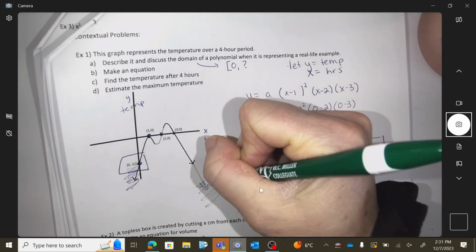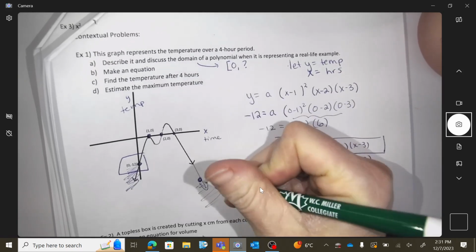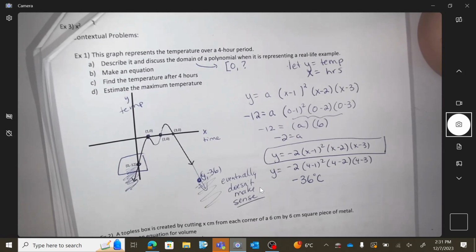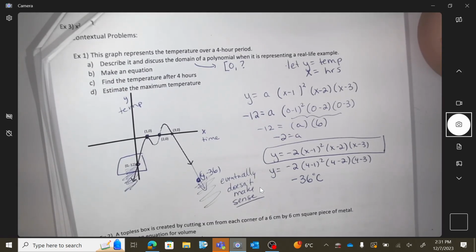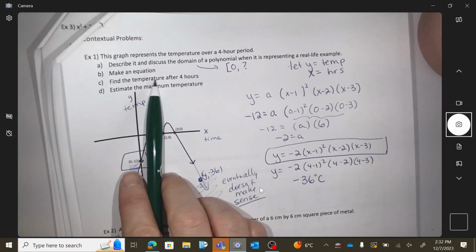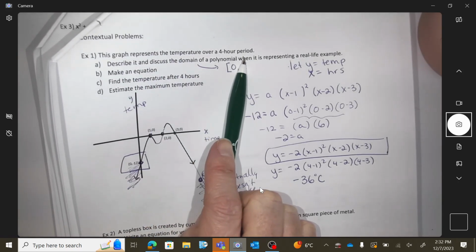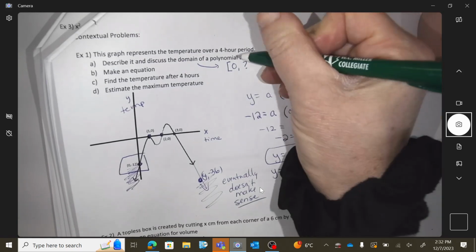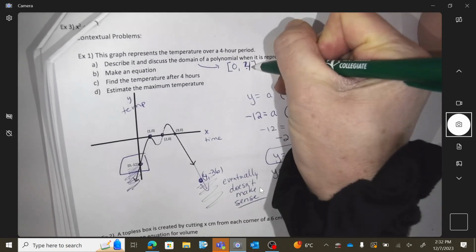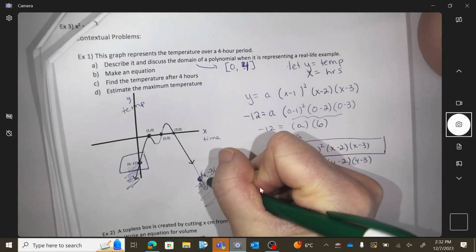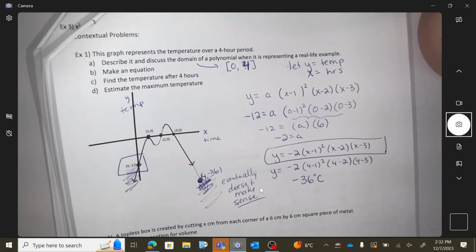So really, it's way down here, right? 4, negative 36. So in this question, the graph is representing it over 4 hours. So really, we're ending this domain at 4 because it's saying we're going to stop here because it's not making sense after 4 hours.